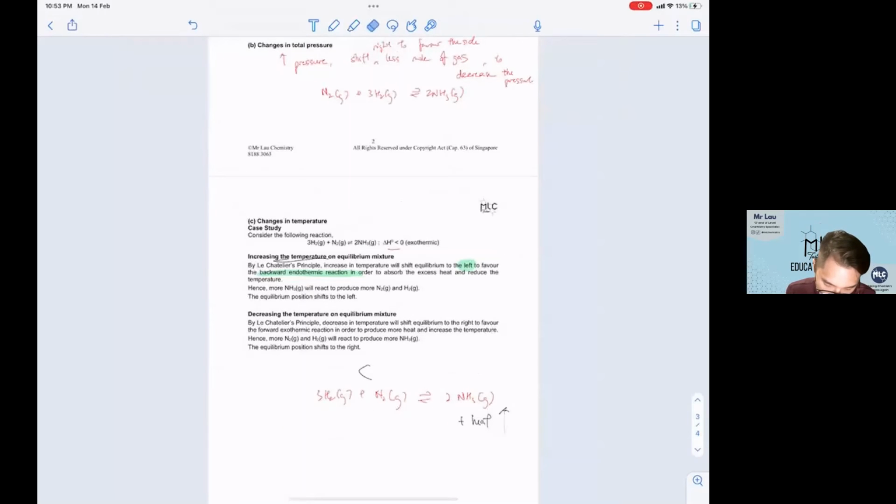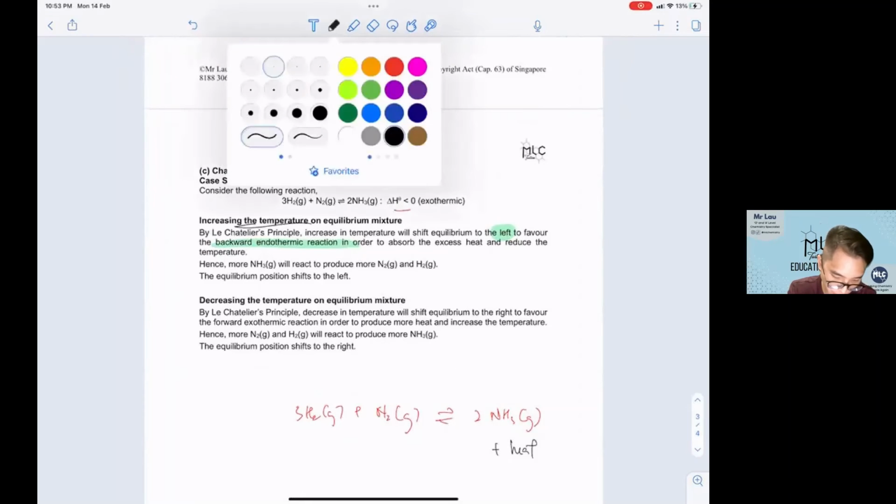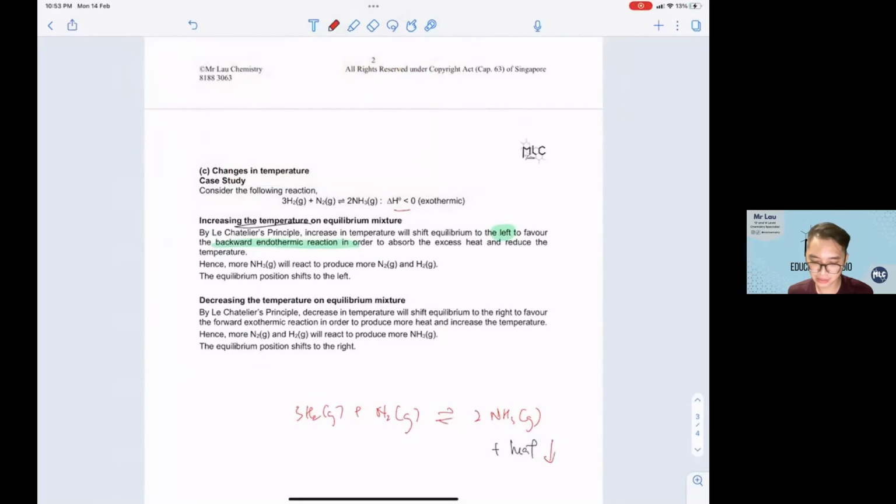Similarly, if you decrease the temperature for such a reaction, the heat will decrease, and therefore it will shift equilibrium to the right to favor the forward exothermic reaction.